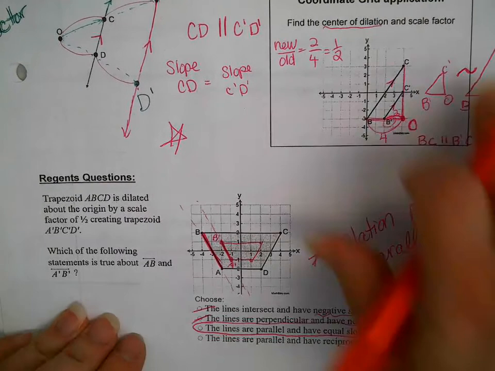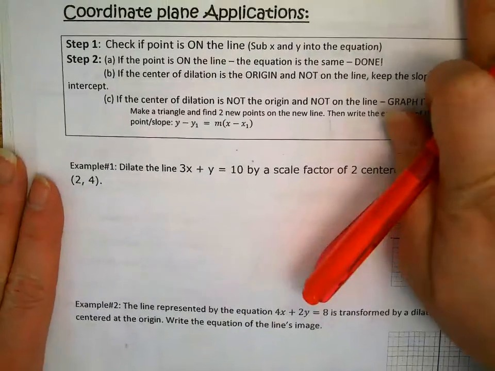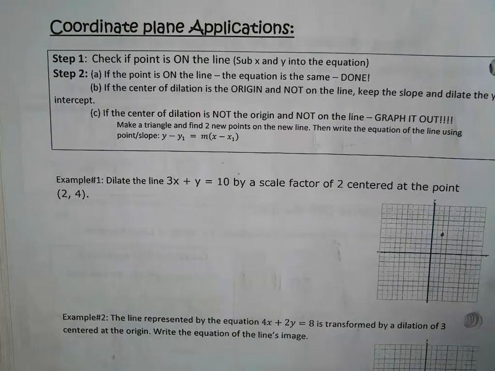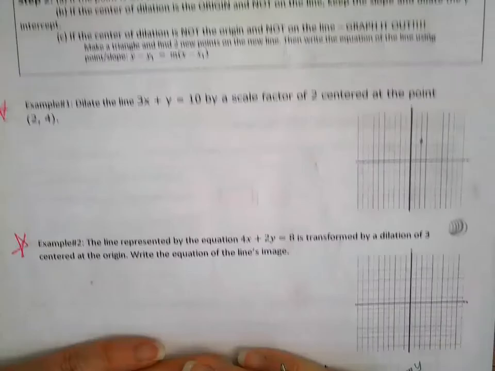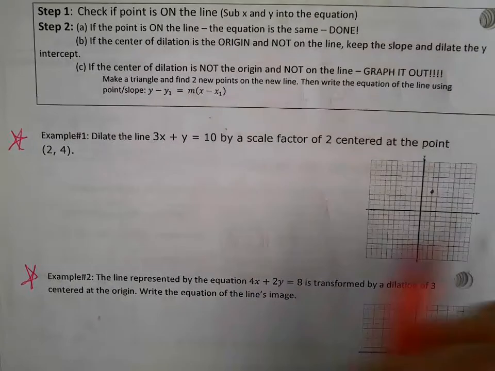So those questions lead us right over and into coordinate plane application. Here, I'm only going to do examples 1 and 2 for now. I'm going to leave off example 3 for timing, and we'll come back to this next week.